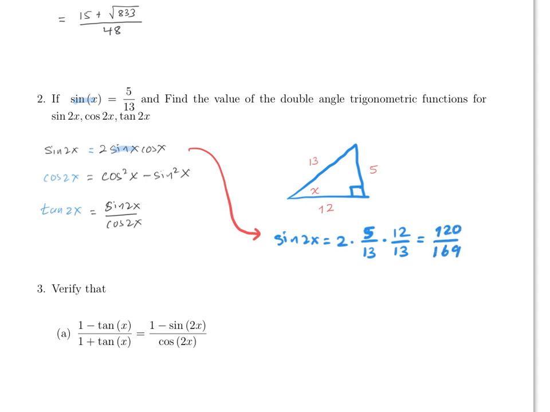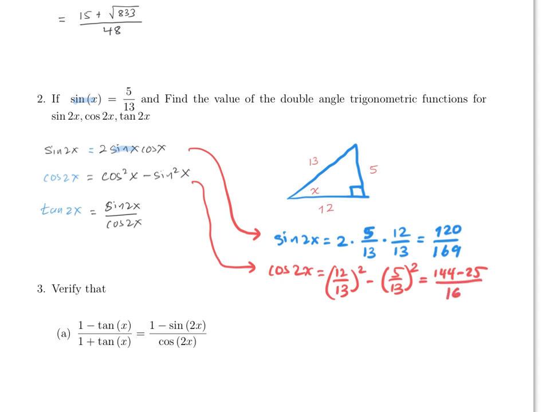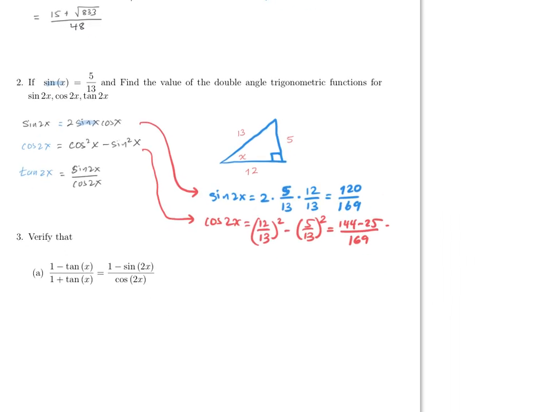Okay? So then if we do the same thing for cosine, cosine 2x will be cosine squared, which is 12 over 13 squared, minus sine squared, which is 5 over 13 squared. If you simplify, this will be 144 minus 25 over 169, and the whole thing is 119 over 169.